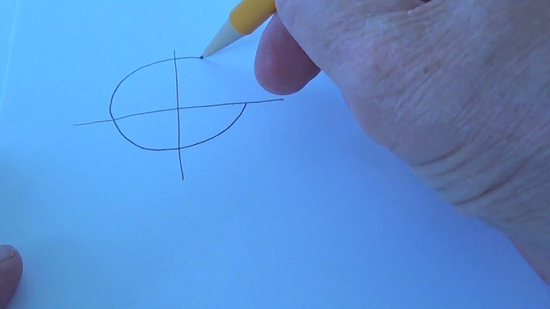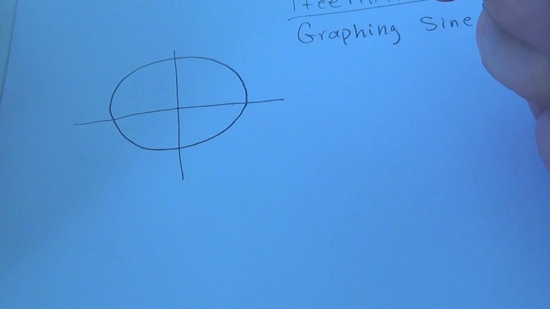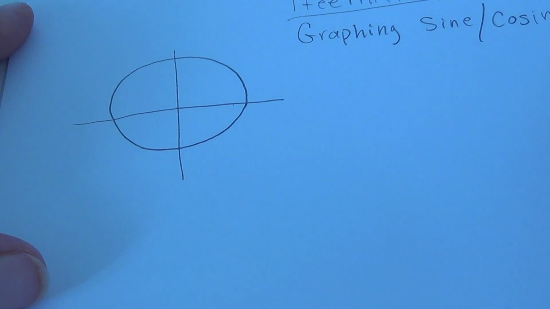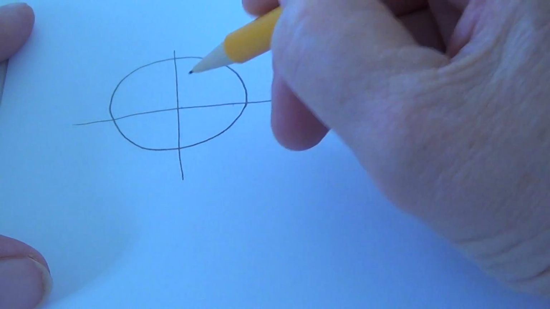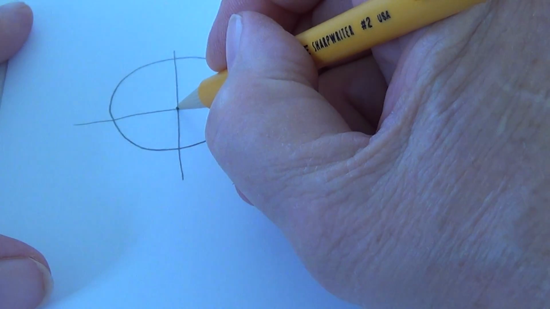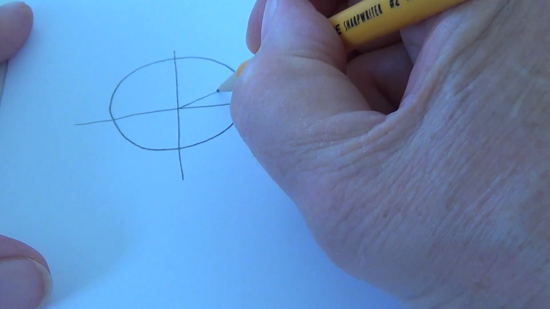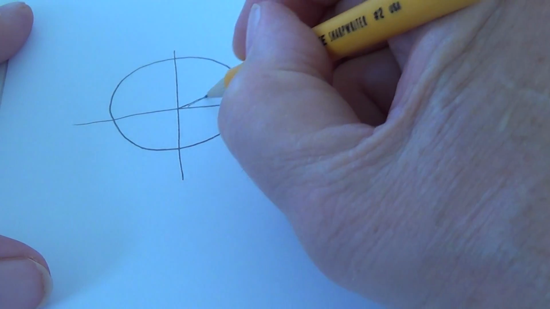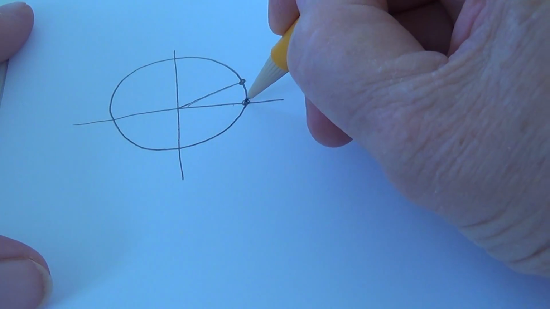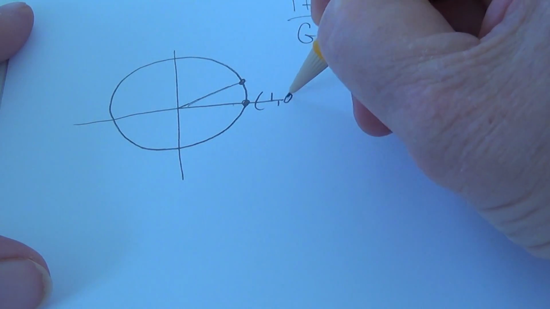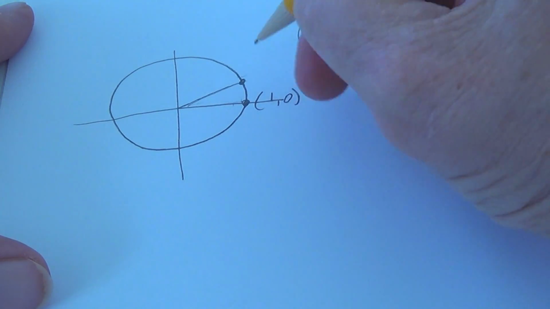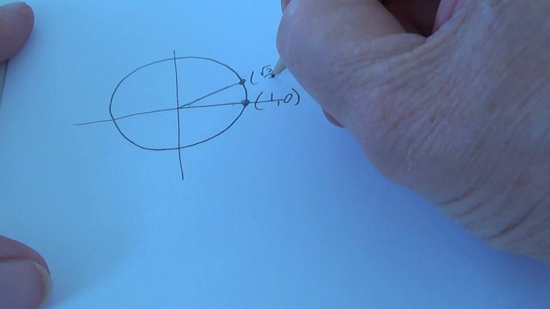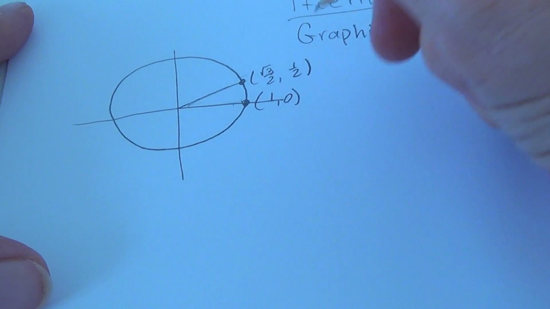Let's look at the unit circle. The unit circle has some secrets in it about graphing the sine function. So I'll just put in some of them, and here's one of them. If you recall, the coordinate here is (1, 0), and here it's square root of 3 over 2, up 1/2.